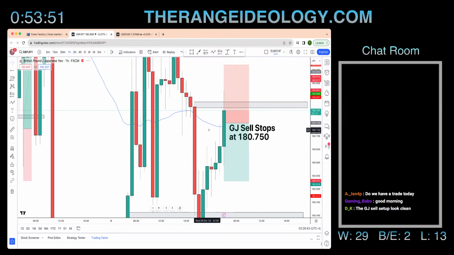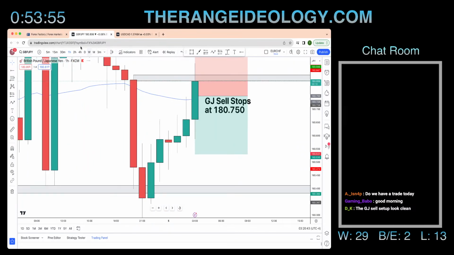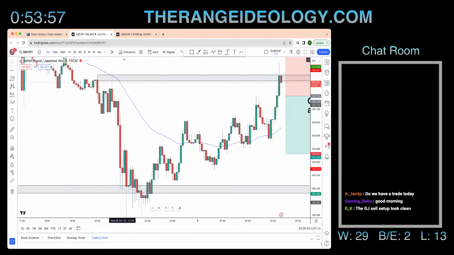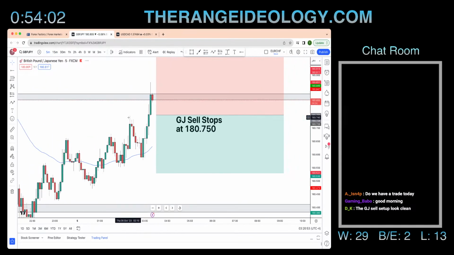You can see now if it does reject the EMA, it's going to come all the way back down here. All right, GJ is making its way down here. Let's see. This is the new 5-minute candle. Will it push, or will it continue up?